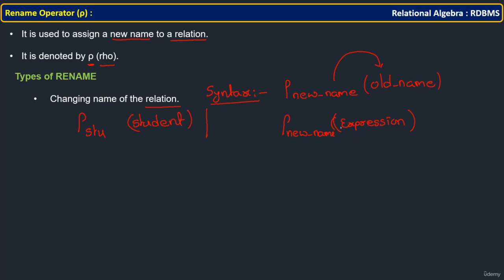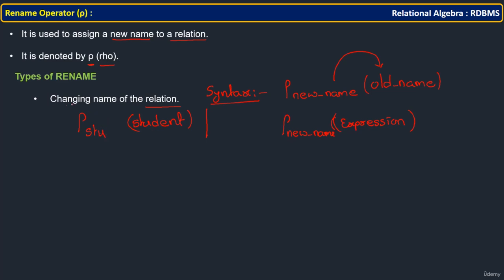By using all those things, you wrote some expression. That final expression result you want to remember with one name, so that for later purposes you can refer to it. That is the reason sometimes it may be an expression, sometimes a direct relation, and you give it the new name.